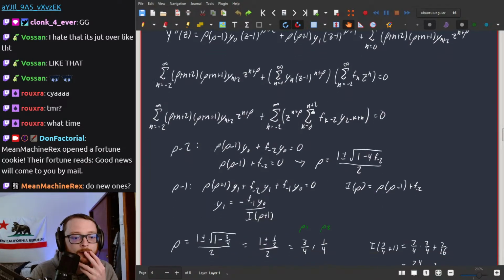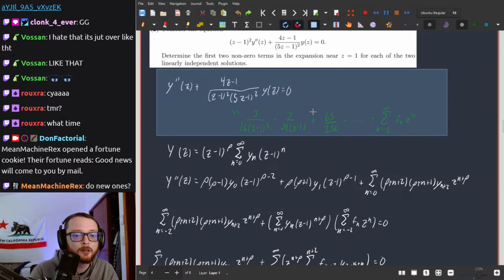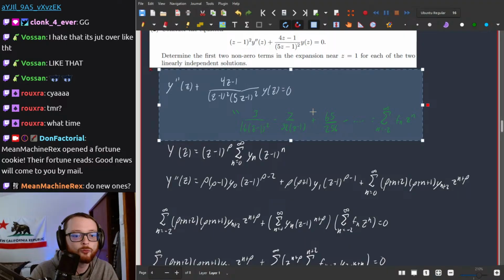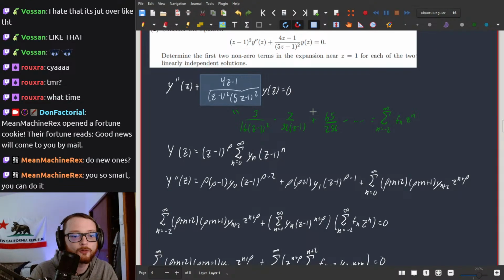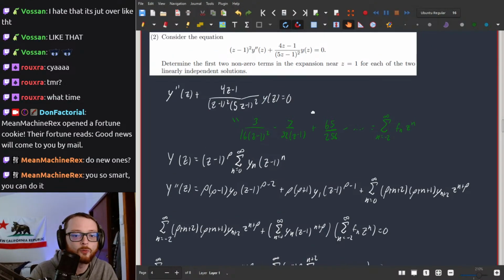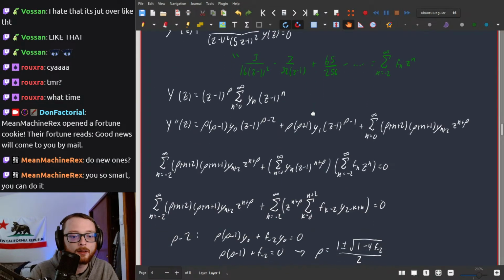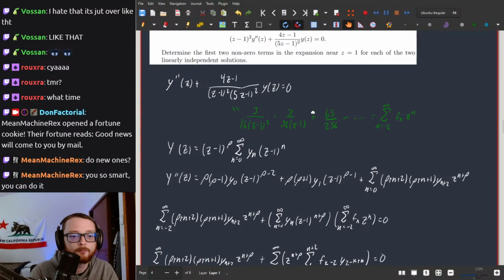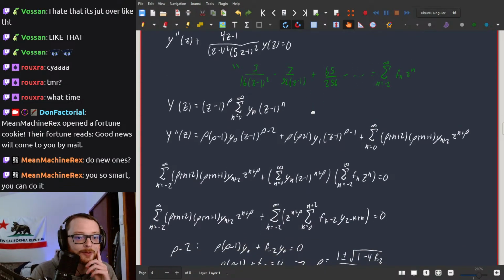The thing that I want to clean up is this first step here. We need the first two terms of the Laurent expansion of this function here about z equals 1. And I think we can do that via partial fractions, because I really don't want to properly get the Laurent expansion for this thing because it would be very painful.